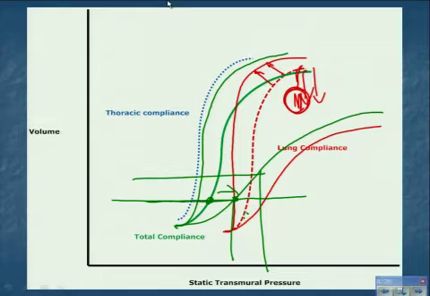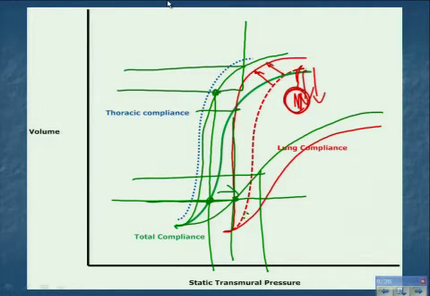This individual under normal circumstances would do something like this and give you a large volume. But look what happens now. The new set point is up here, still on the same line. So in this individual, for the same change in pressure, you're going to get a very low level of volume.